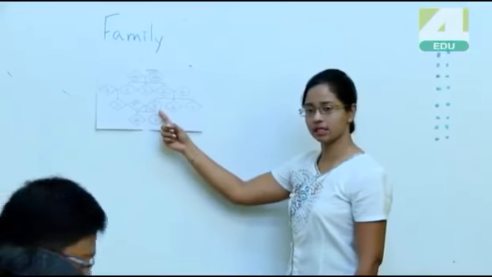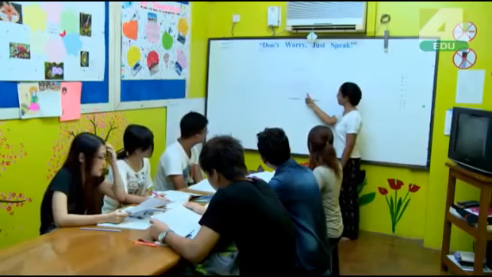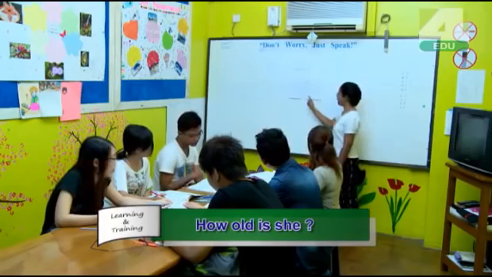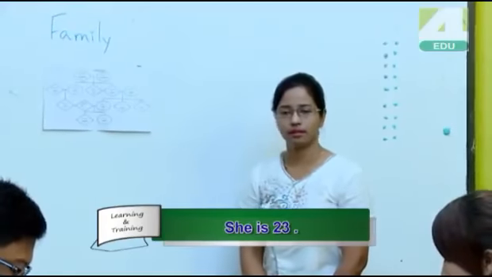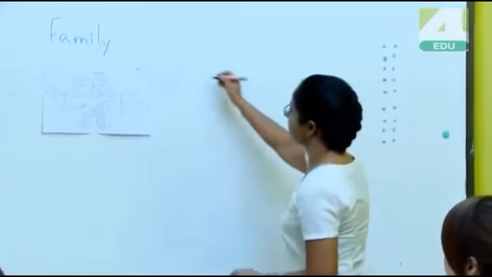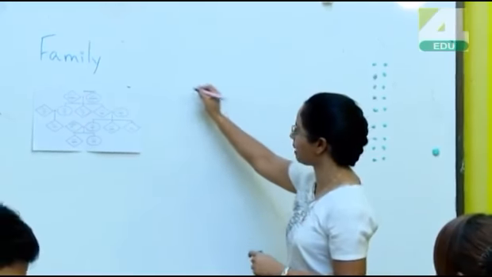So who's that? Steve's sister. Okay, so what's her name? Her name is Anna. Anna. How old is she? She is 23. Okay, so let me write down. So what did I ask? Can you please tell me? The first question, do you remember?